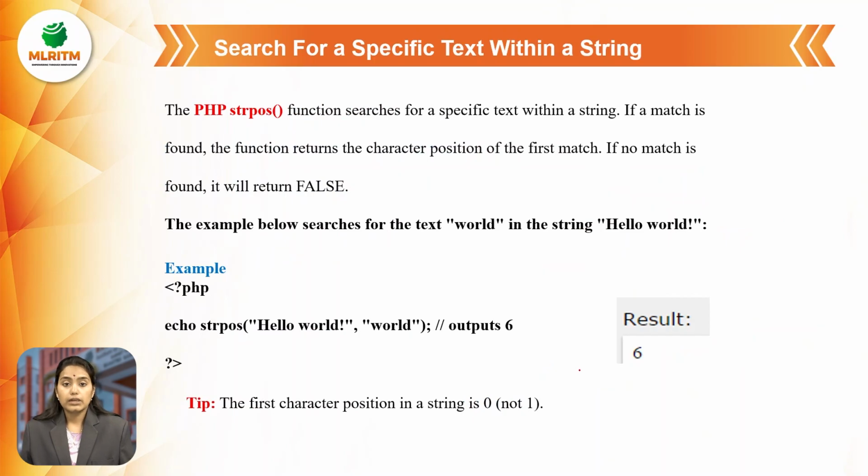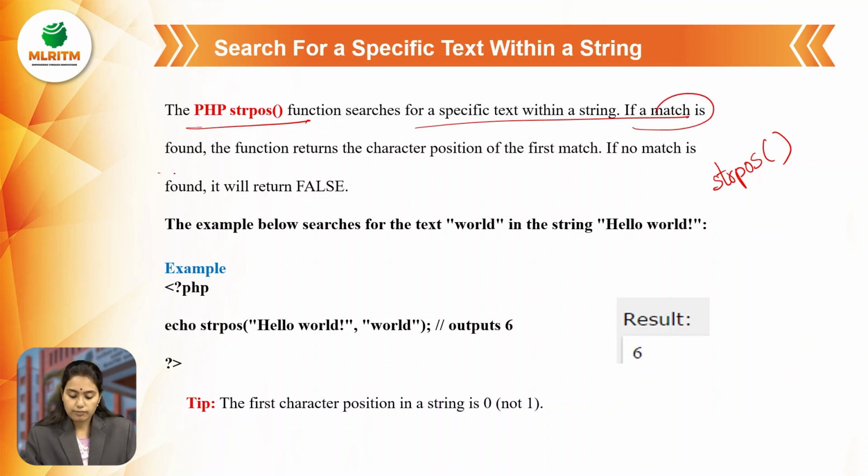Search for a specific text within a string. So if I had a group of sentences and words, now I need to search for a specific text. Let's see how. The PHP string position. What is that? PHP string position function searches for a specific text within a string.